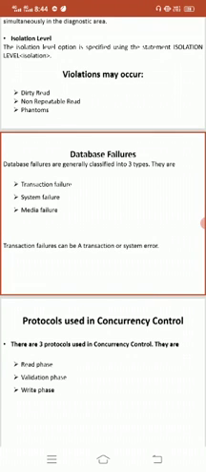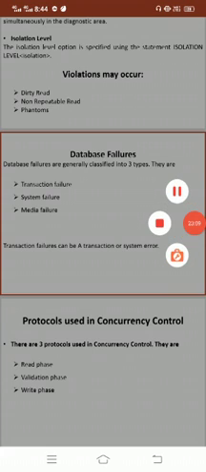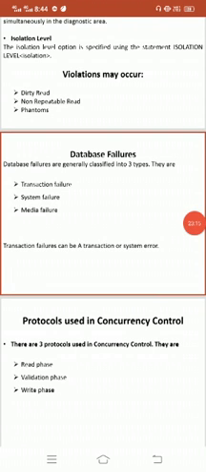Some disk blocks may lose their data. What is meant by media failure? Media failure is nothing but disk failure.